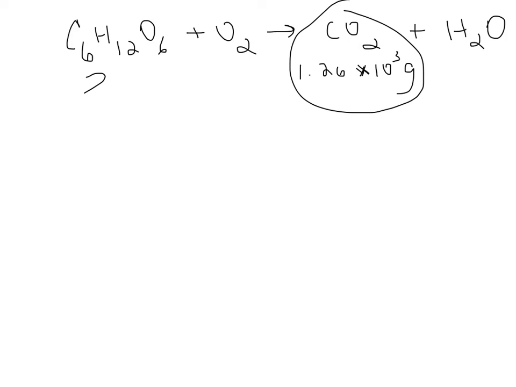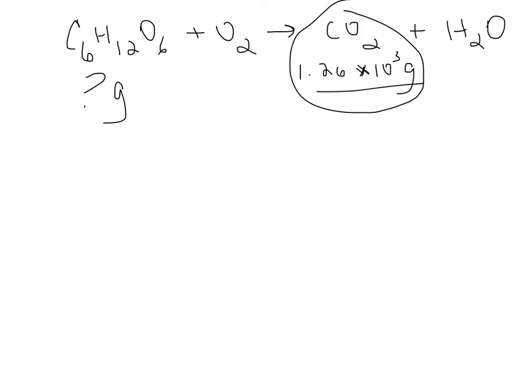I want to know, in order to produce that, how many grams of glucose, C6H12O6, need to react to produce this many grams of CO2. So you're going to start with CO2 and try to get to C6H12O6. You can pause it now, and good luck.